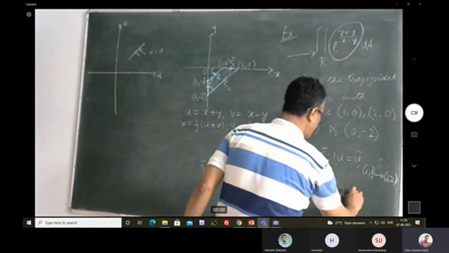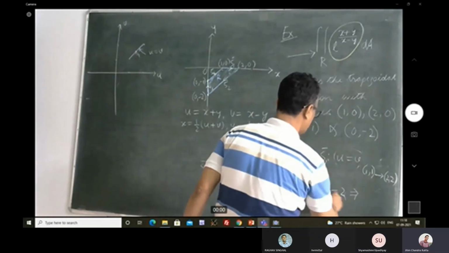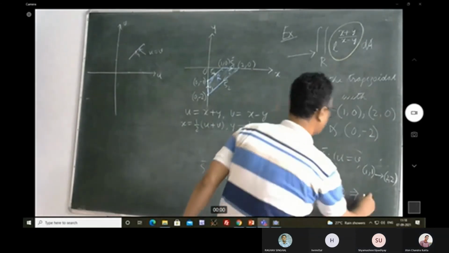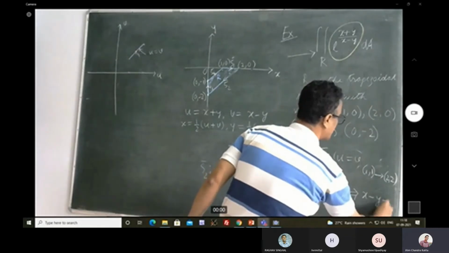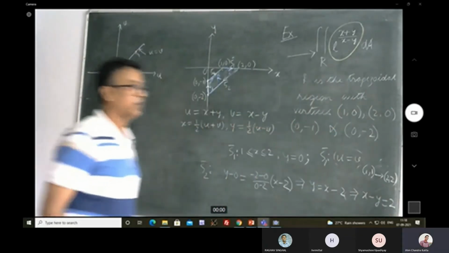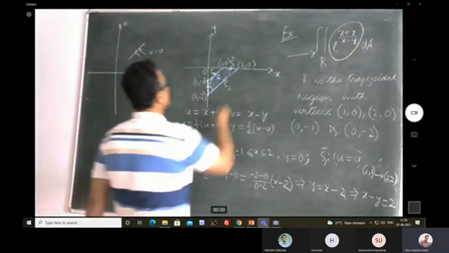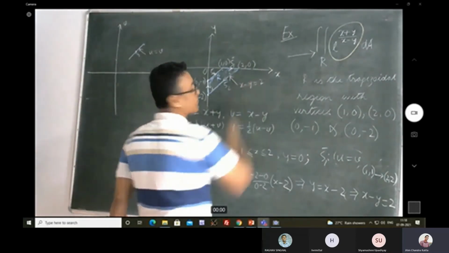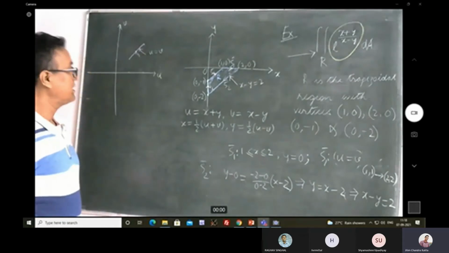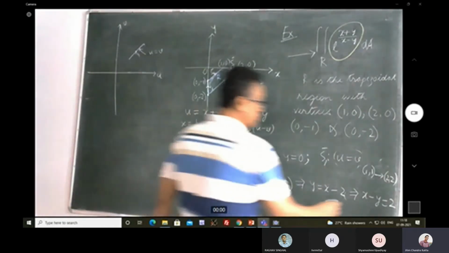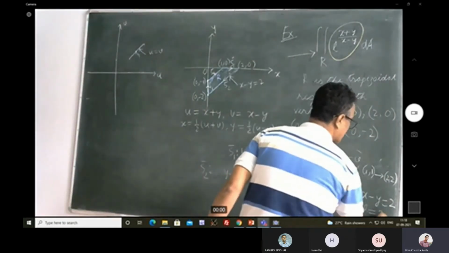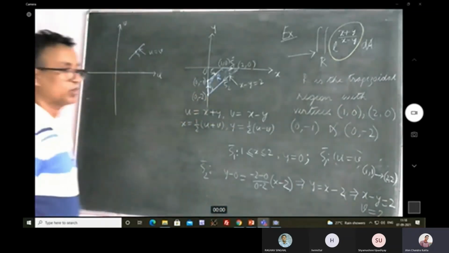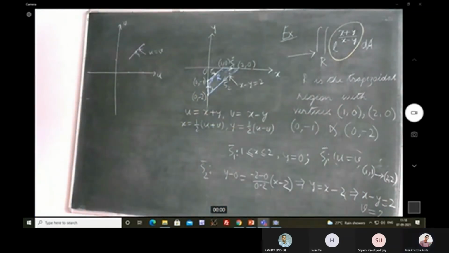So from here you will find that x minus y equal to 2. So this line is x minus y equal to 2. Okay. So that means your v equal to 2. That makes your v equal to 2. Is it okay? Fine.